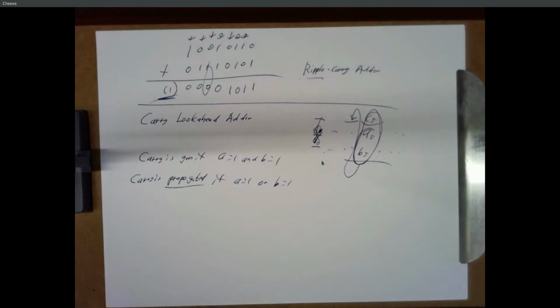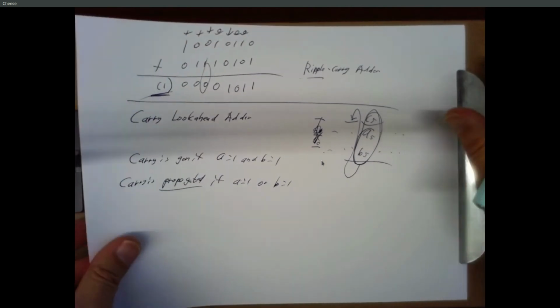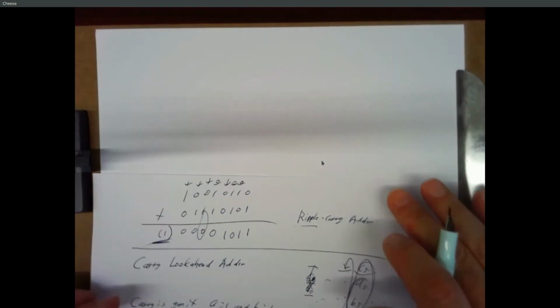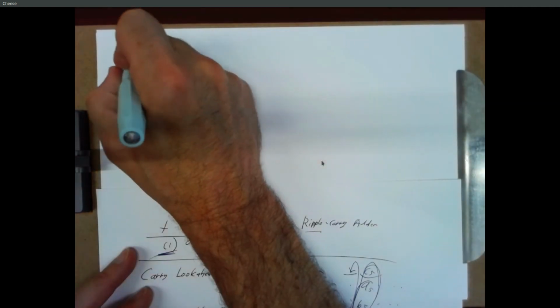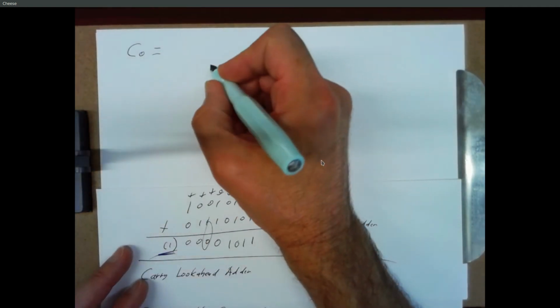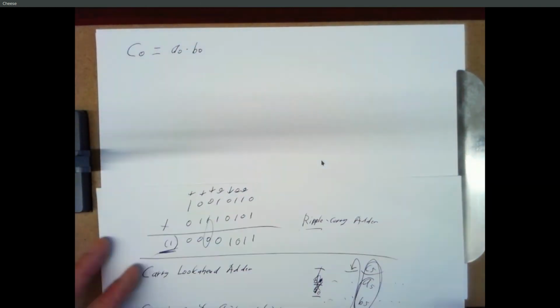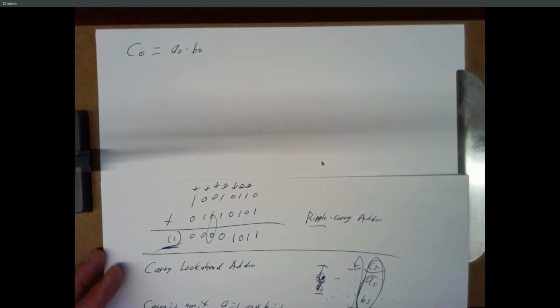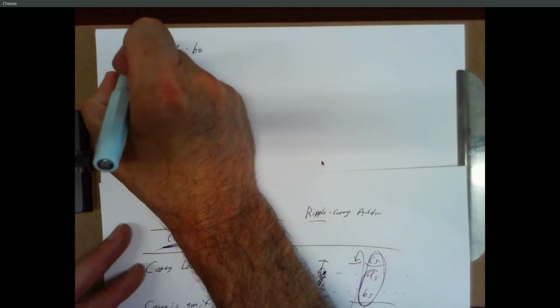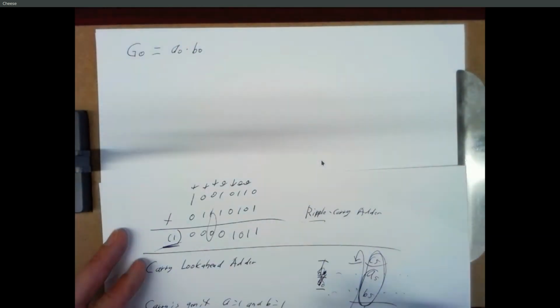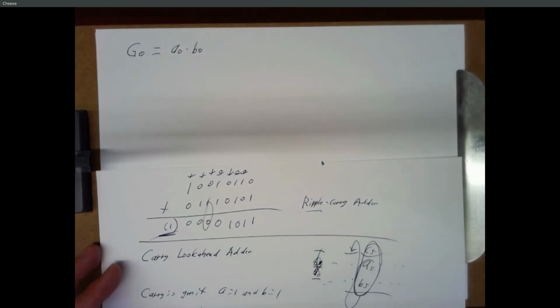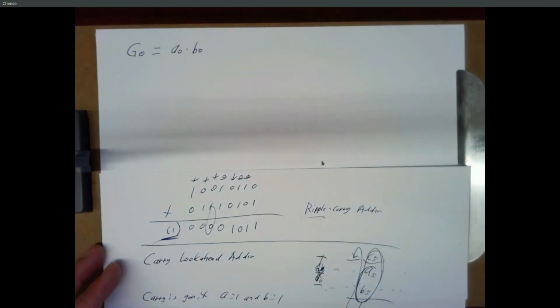So we can start writing some math that will get us somewhere. The carry out of stage 0 is A0 ANDed with B0. They both have to be 1. I'm going to call that generate 0: bit 0 of my numbers generates an outgoing carry.